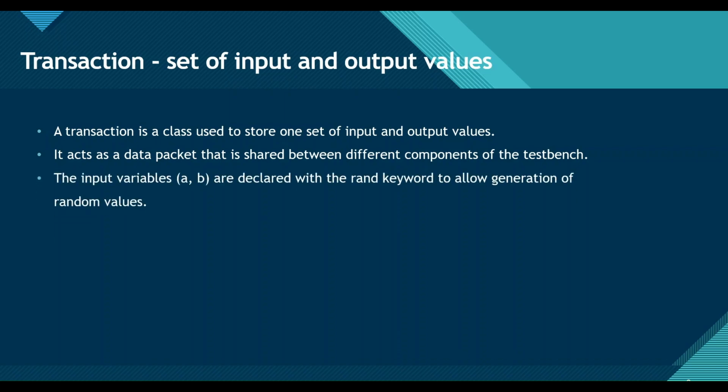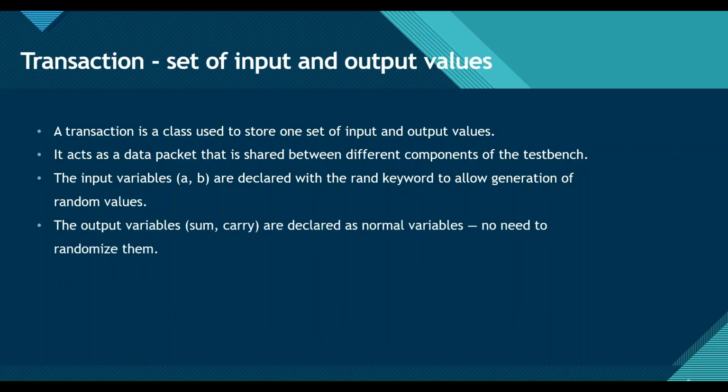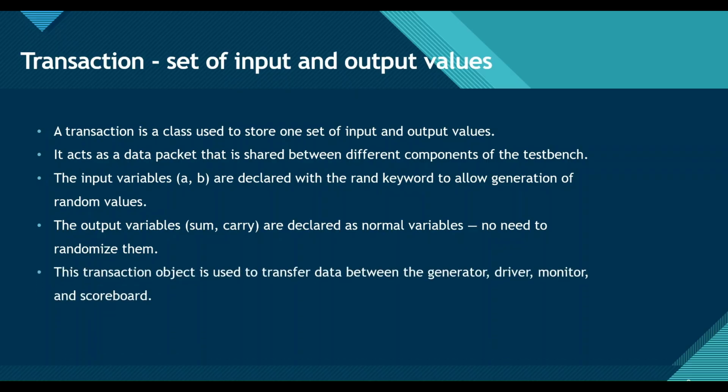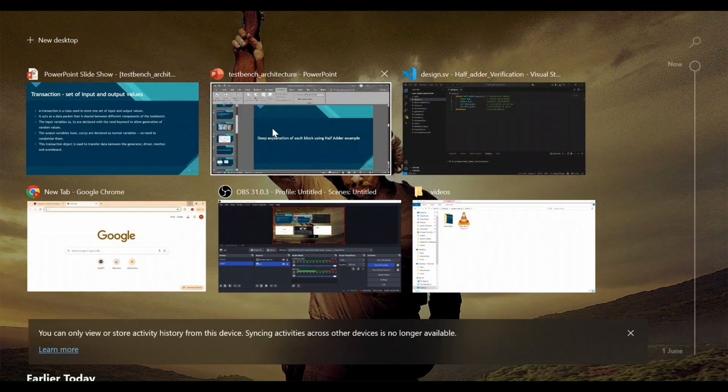The input values A and B are declared with the rand keyword to allow generation of random values. The output variables sum and carry are declared as normal variables, with no need to randomize them. This transaction object is used to transfer data between the generator, driver, monitor, and scoreboard. I will show the code for the design and transaction in my VS Code.